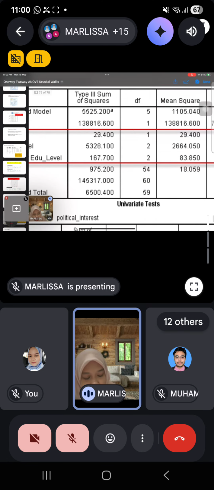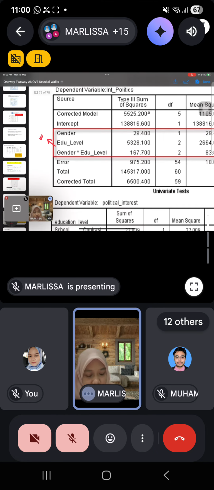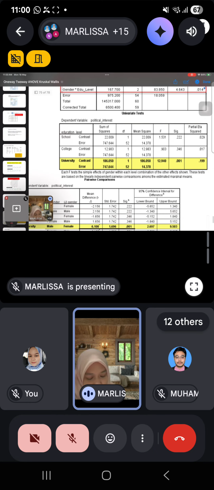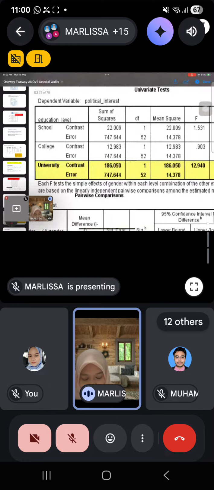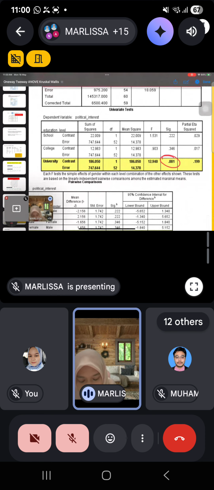There is a significant difference between education levels here. Let's say we have 3 education levels. So there is a significant difference between education levels, which you can see here. This is the education level. The p value is 0.001. Even though this and this are not significant, this is significant.